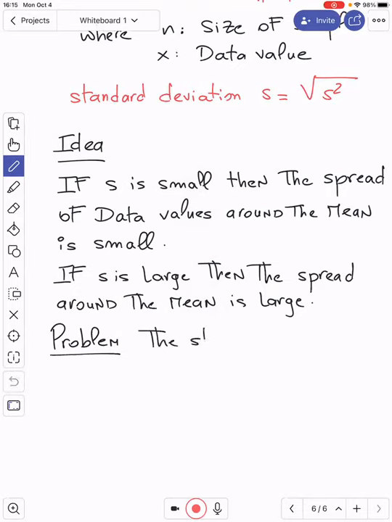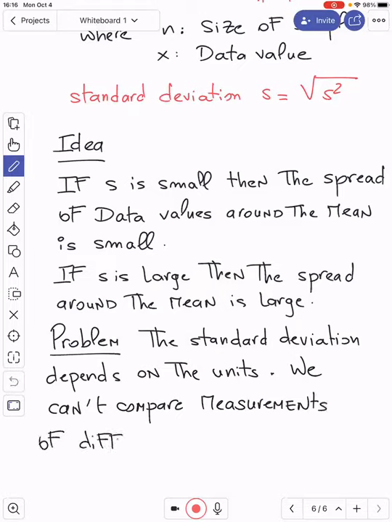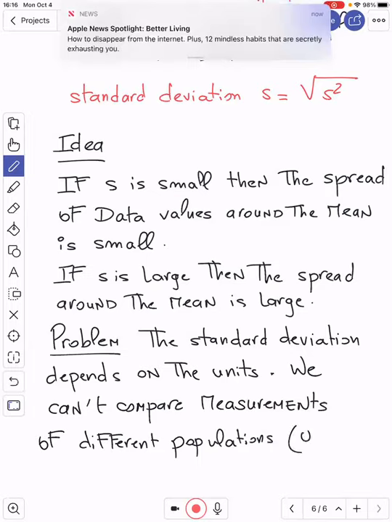The standard deviation depends on the units, so we cannot compare measurements or data values of different populations, where you are using different units.